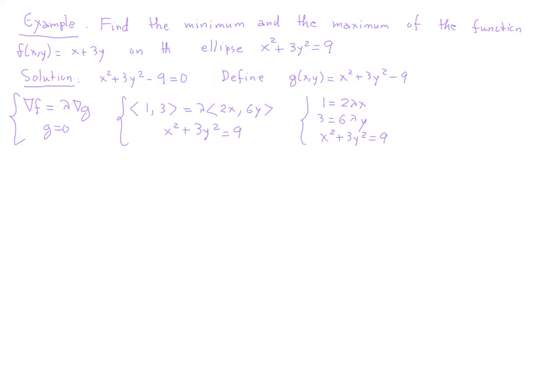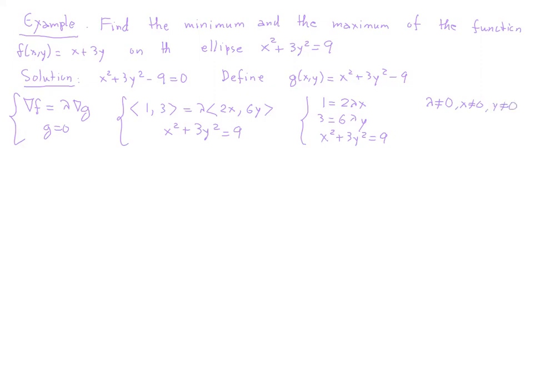So for the first one, let's notice that the first equation implies that lambda cannot be 0 and x cannot be 0, because if any one of them were 0, then the product 2 lambda x from the first equation on the right-hand side could never be equal to 1. And y cannot be equal to 0.